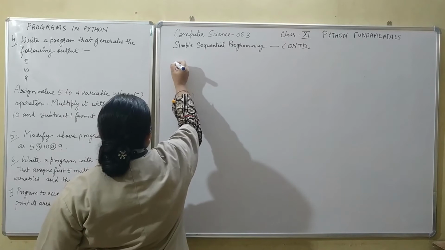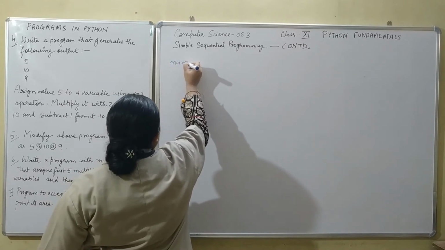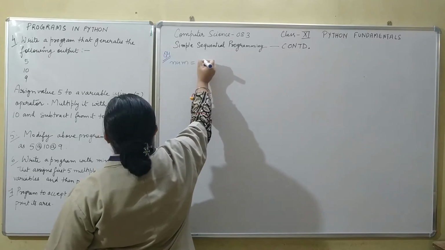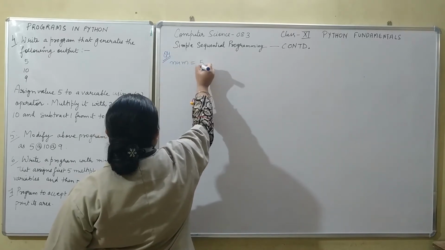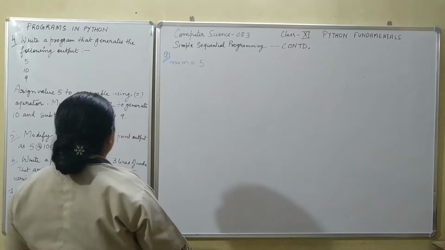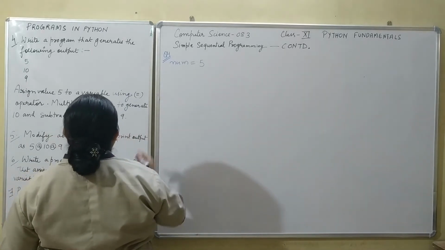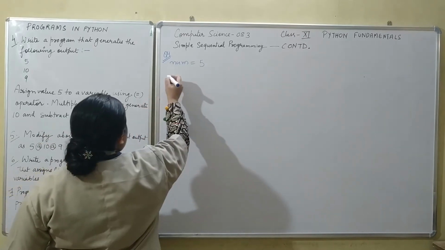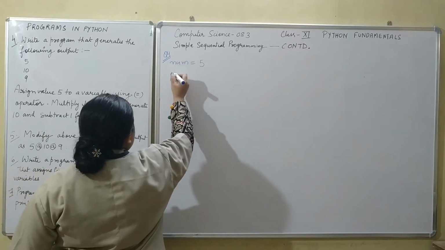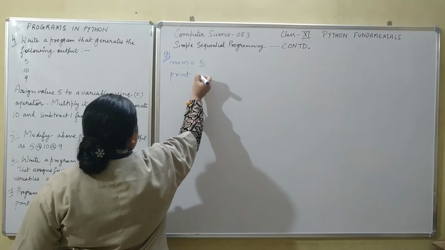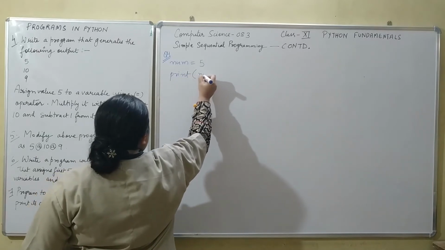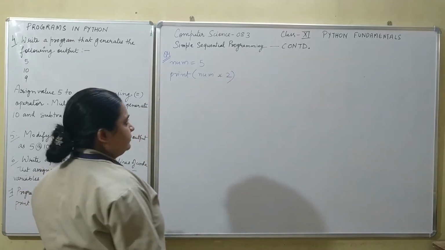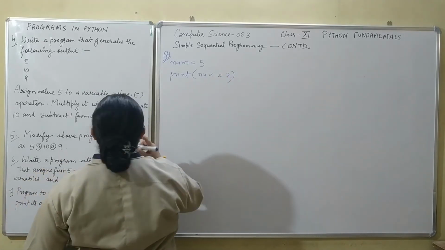So we will take a variable, say num, and assign it, this is question 4, the value 5 using the assignment operator. Now we have to multiply it with 2. So we will write print num multiplied by 2. This will print what?